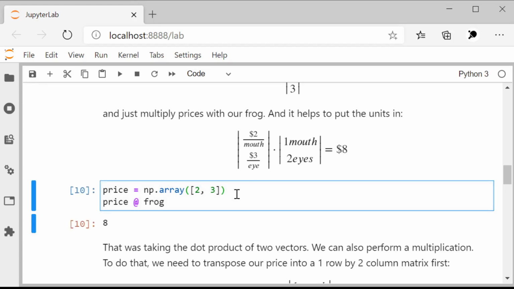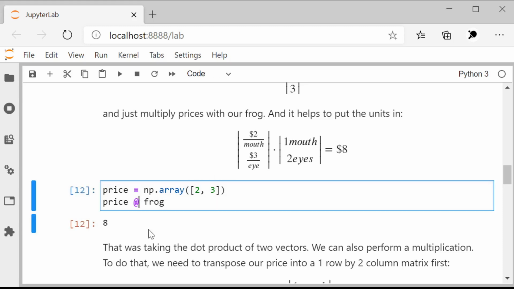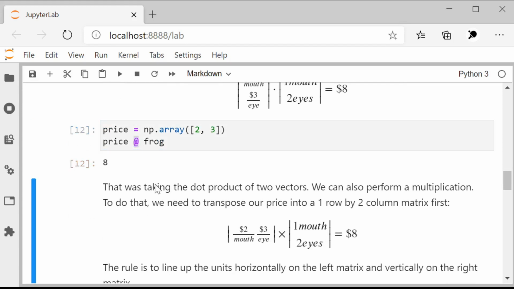I'll do that with Python. I'm setting up my price with $2 and $3, and I multiply by frog, and I end up with 8. In this case, I'm using the dot notation, which is the @ sign. That just means multiplication using vectors.